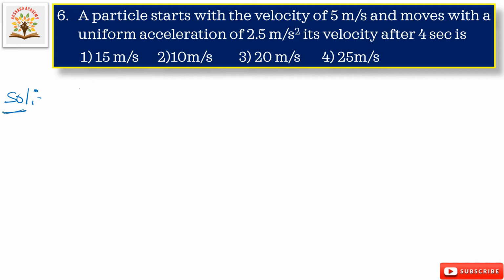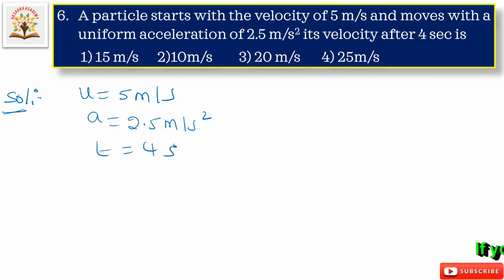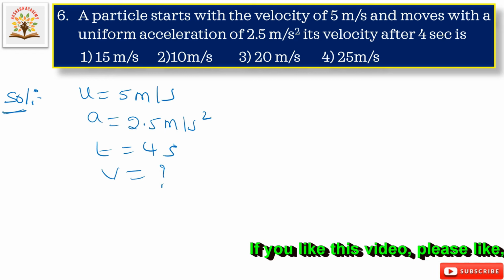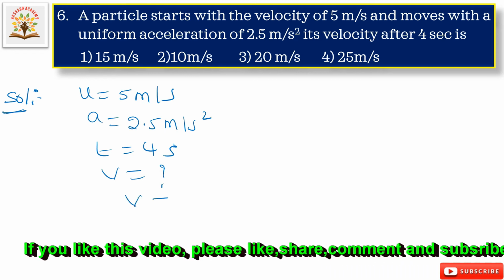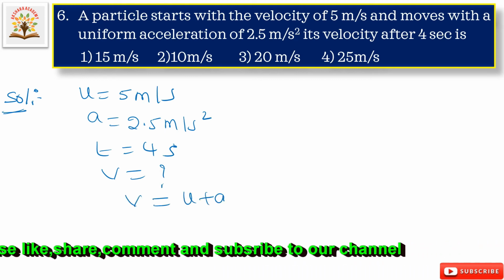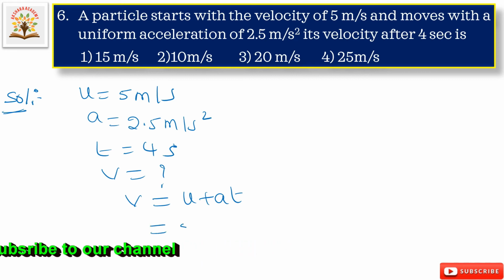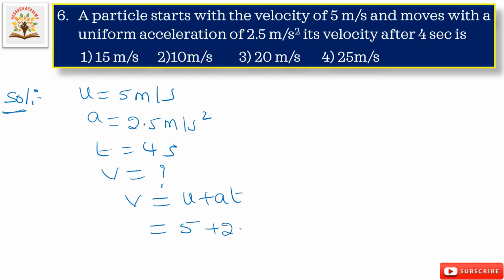Given initial velocity u is equals to 5 meters per second and acceleration they given as 2.5 meters per second square and t they given as 4 seconds. We have to calculate final velocity. From the first equation of motion, v is equals to u plus at, u nothing but 5 and a 2.5, t 4 seconds.